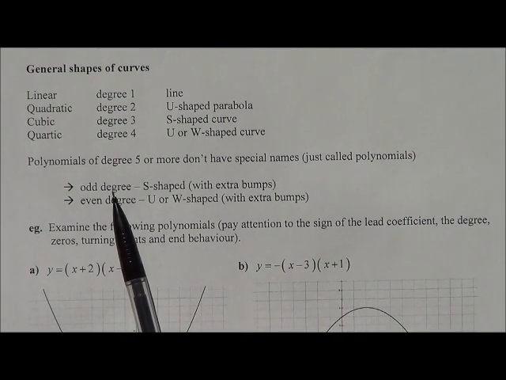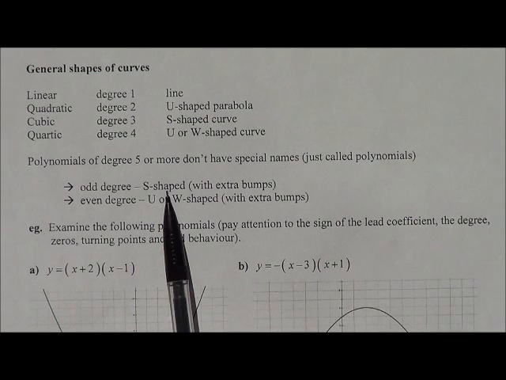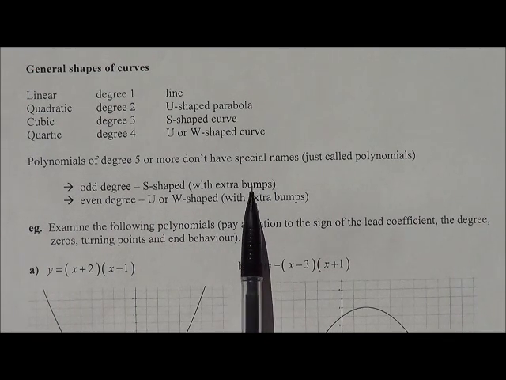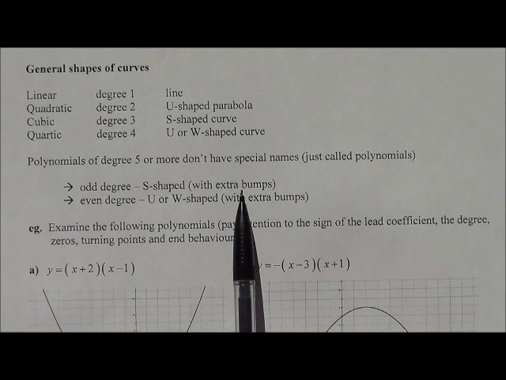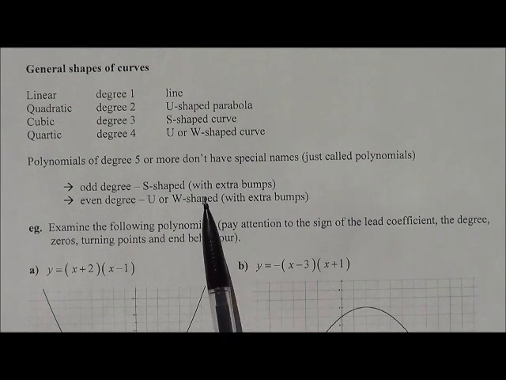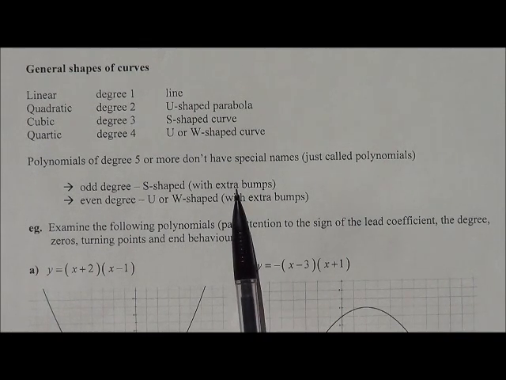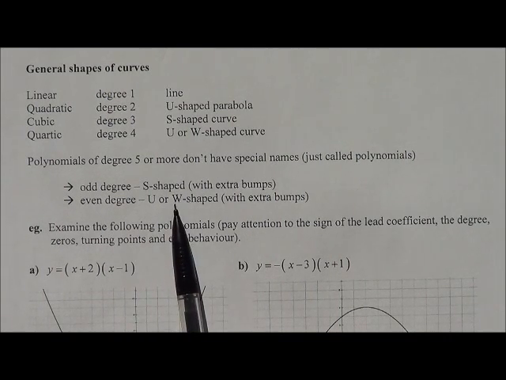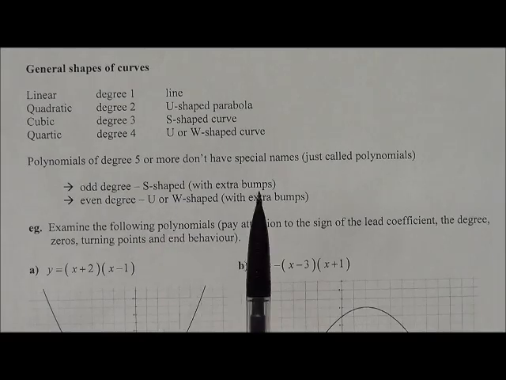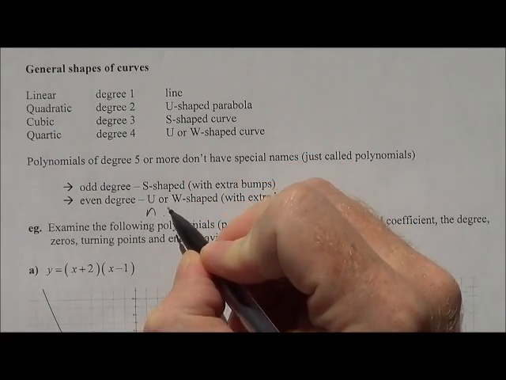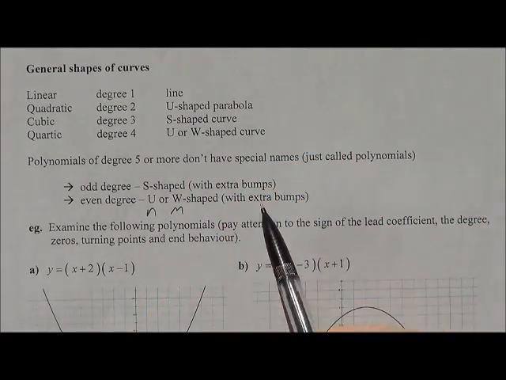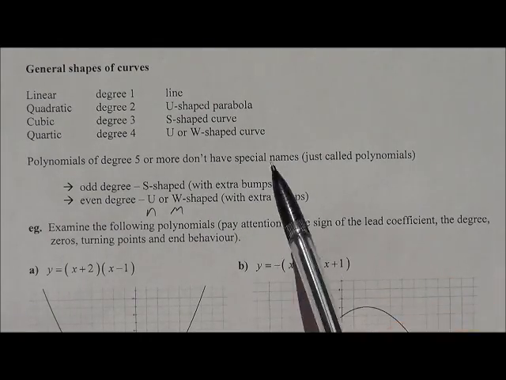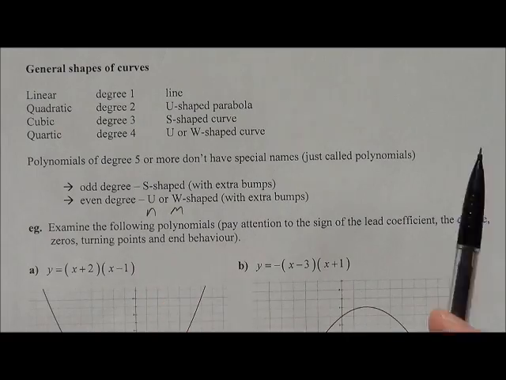Odd degree polynomials are S-shaped, but they may have extra bumps here and there, if it's degree 5 or 7 or 9. They're going to have a lot of bumps along the way. And even degree would be either U or W, or perhaps N or M shape, depending on the lead coefficient, with extra bumps along the way, like a degree 6 or degree 8 would have more bumps than a degree 4.